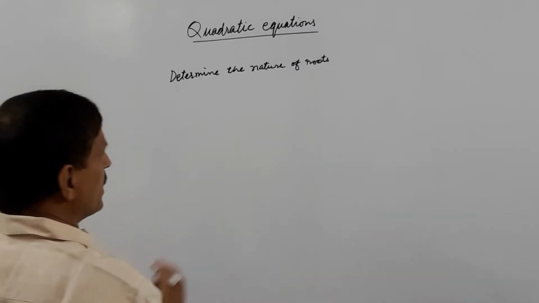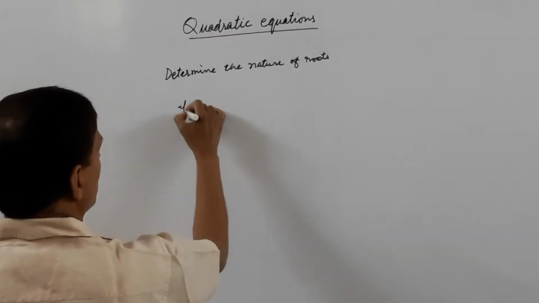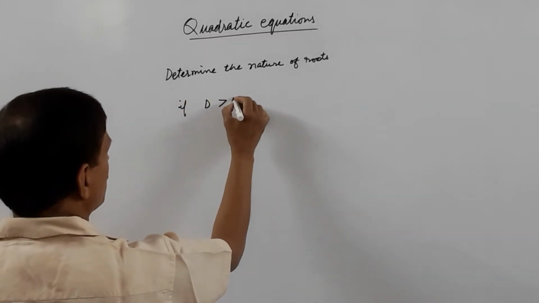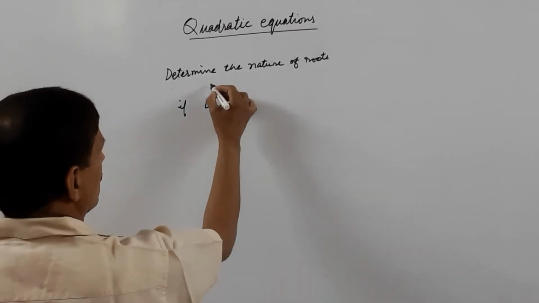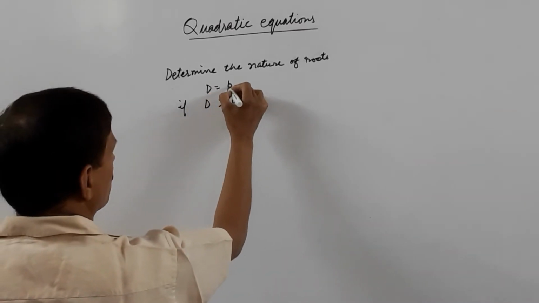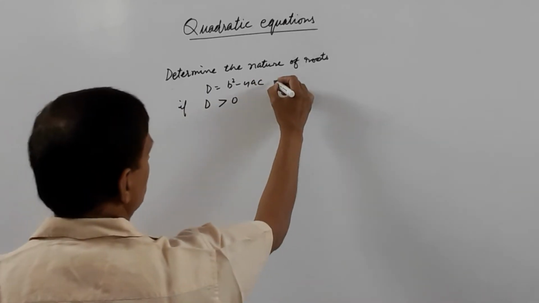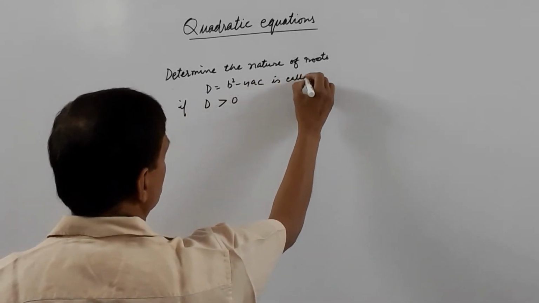We have already studied that D is equal to b square minus 4ac, which is called the discriminant.